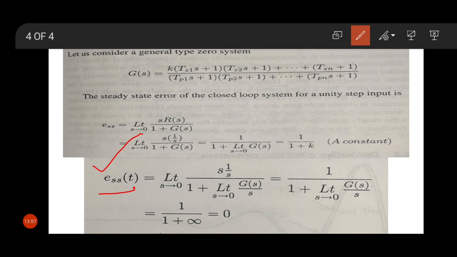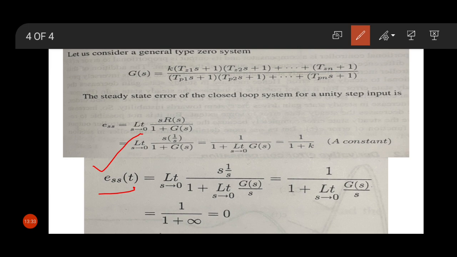If a pole is added at origin, then type number is increased by 1. If the added pole is very close to the imaginary axis, then the system becomes oscillatory. On the other hand, if the added pole is far away from the imaginary axis, then the system becomes sluggish.